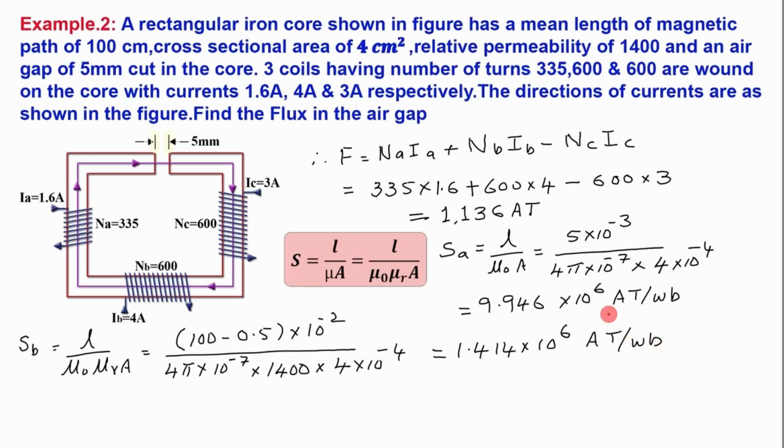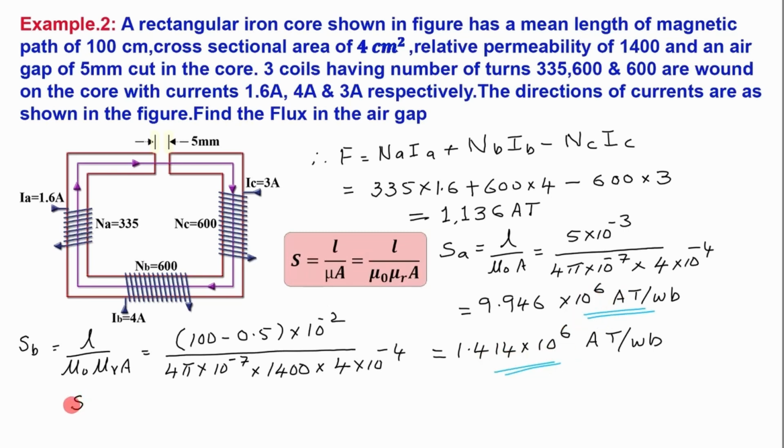So, we got that reluctance of 5 mm air gap is 9.946 into 10 raised to 6, and the reluctance of that core is 1.414 into 10 raised to 6. Therefore, total reluctance is the sum of these two.